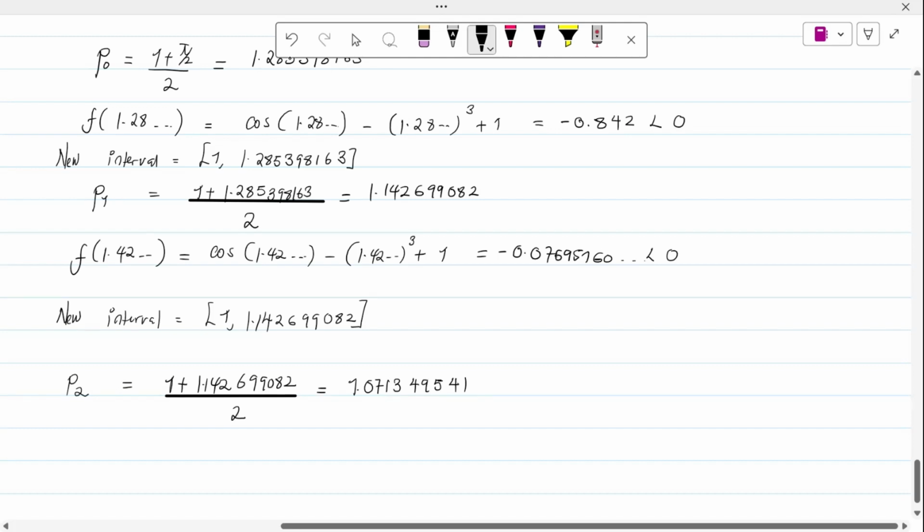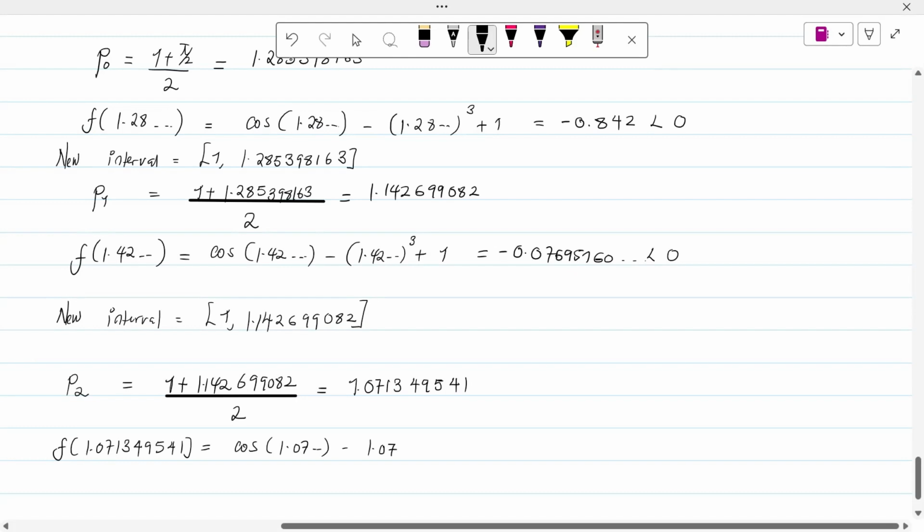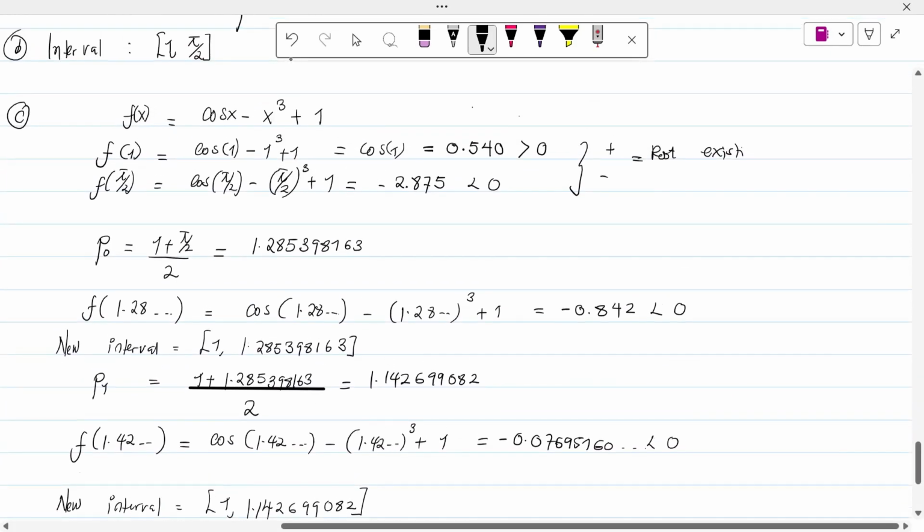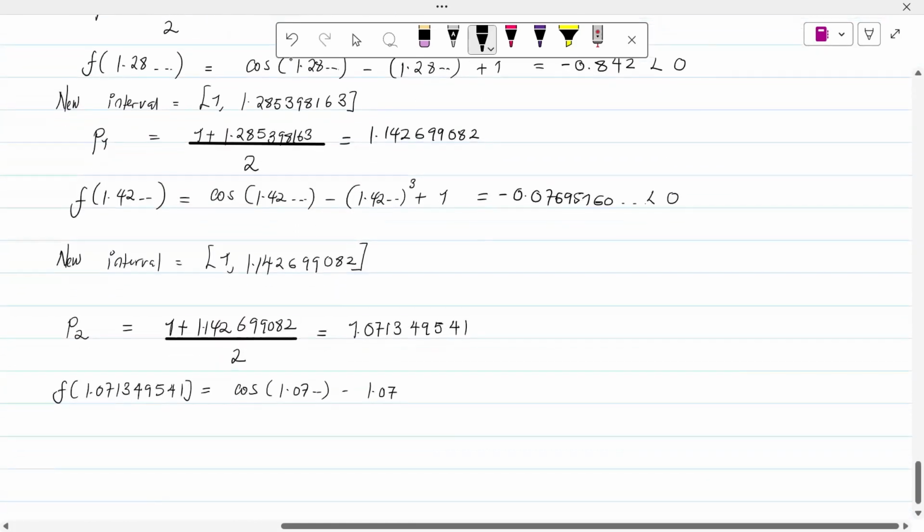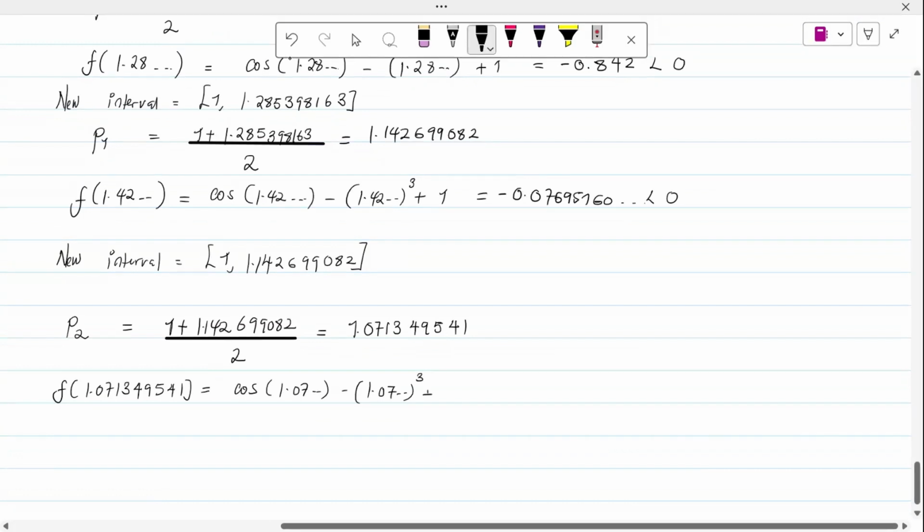Again, now let us substitute the same in here. 1.071349541. So this is the cosine of 1.07 minus 1.07 to the power 3 plus 1.